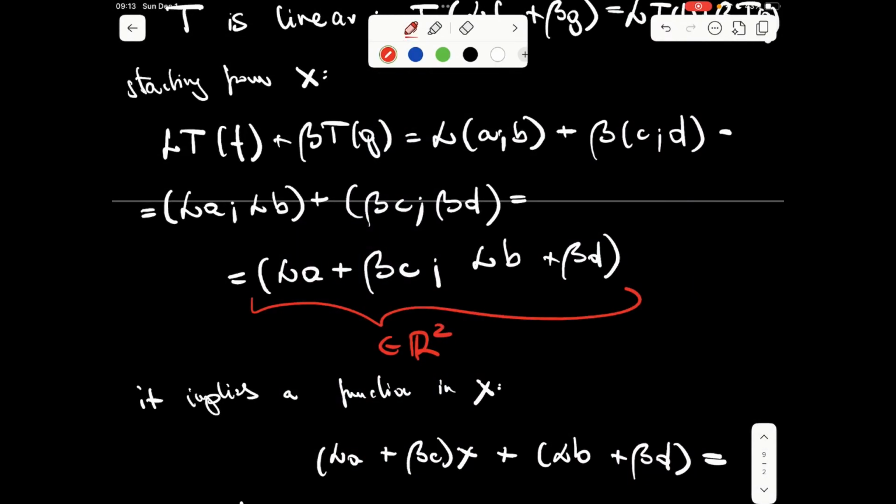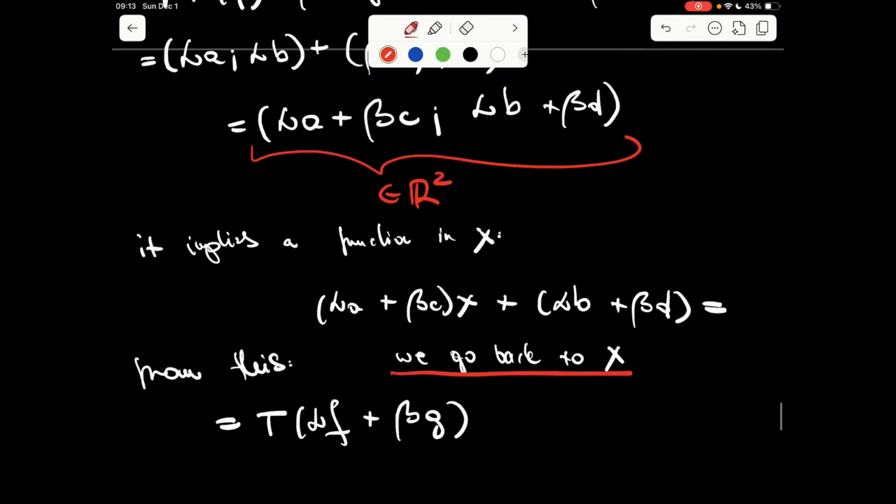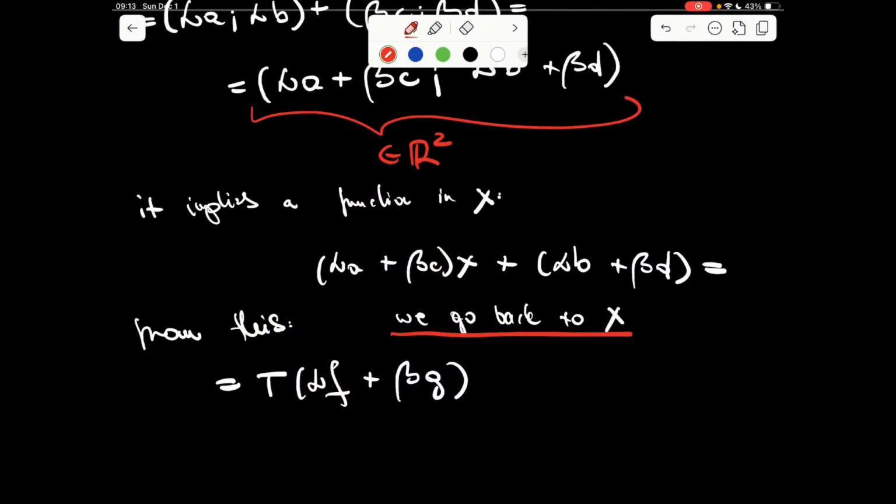So we started in X, now we are in R squared, and here we go back to X at this point. So the strategy of the proof was quite simple.